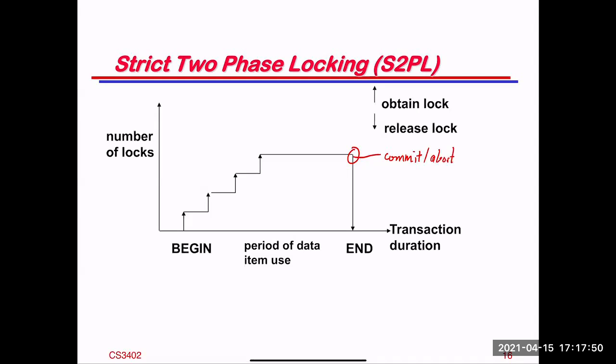Only after that are all the locks released. So this whole thing here is only a growing phase. So this is a more restrictive concurrency mechanism compared to the basic two-phase locking.